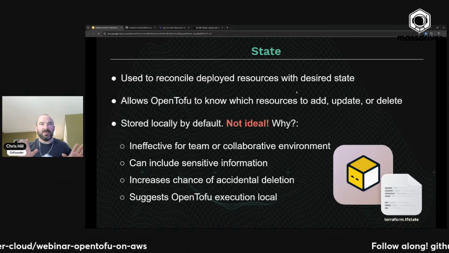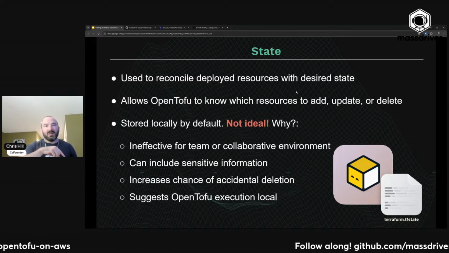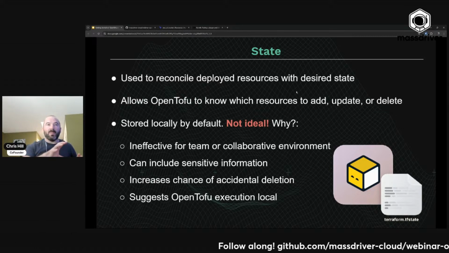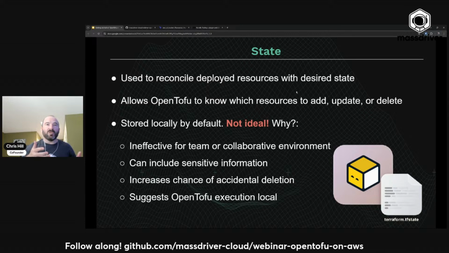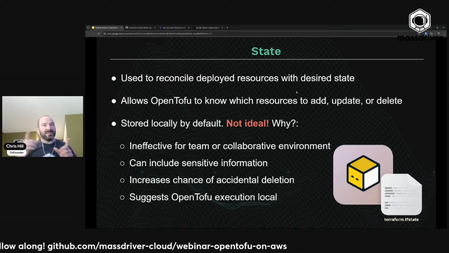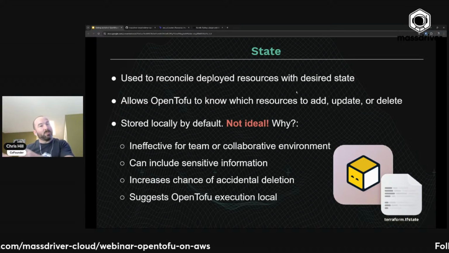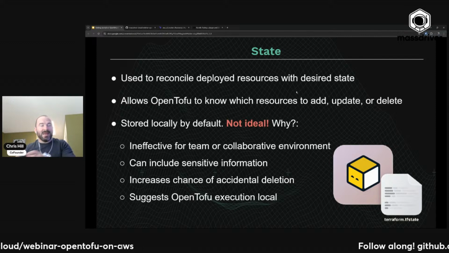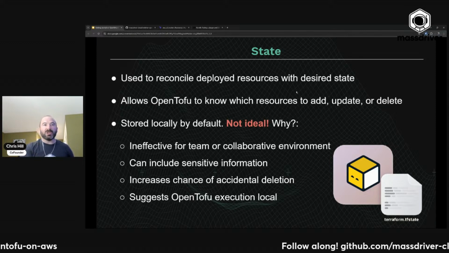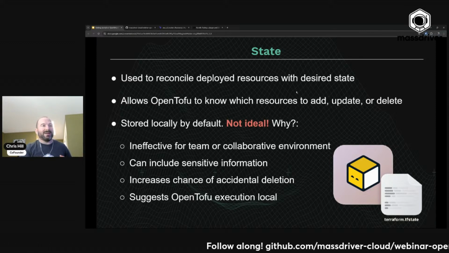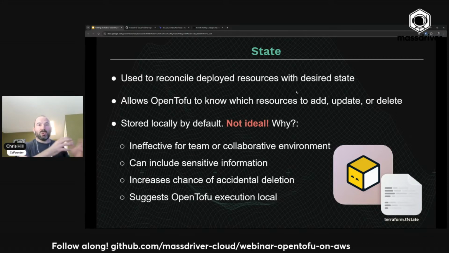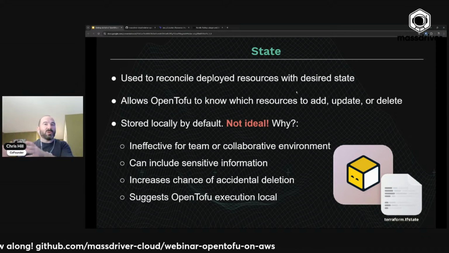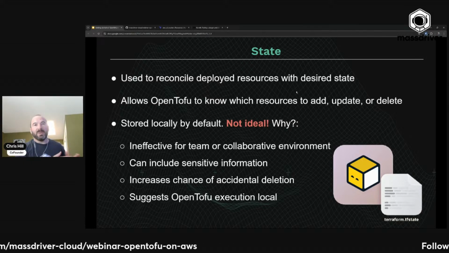It's unnecessary. I can delete the DynamoDB table from that configuration, and the next time that I run OpenTofu, it will recognize that the DynamoDB table previously existed. It no longer exists in the configuration, and then it can basically assume, okay, I need to delete that table in order to go from what it was previously to what you desire it to be now.